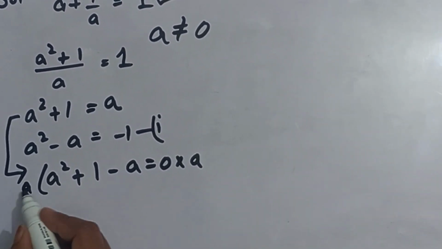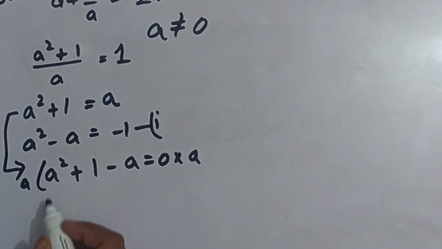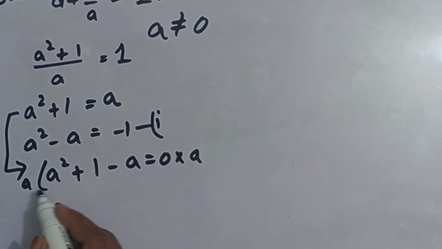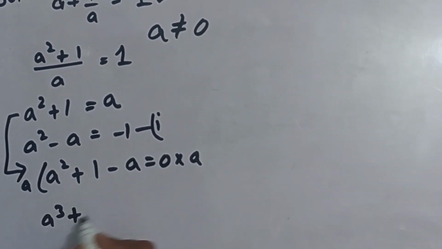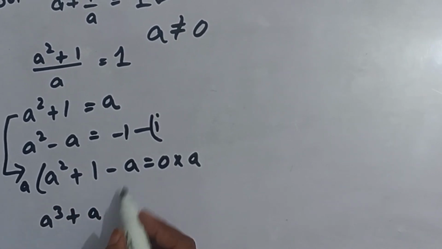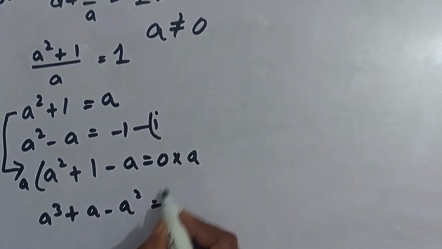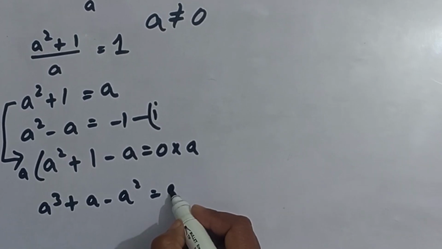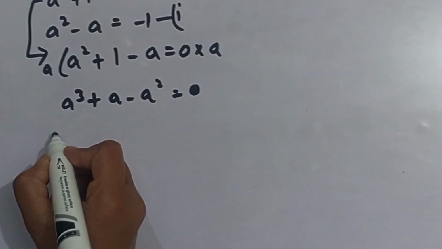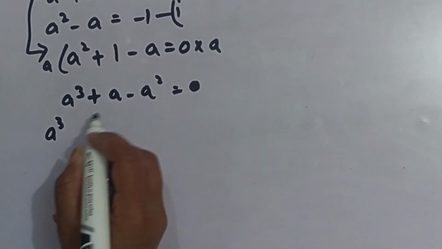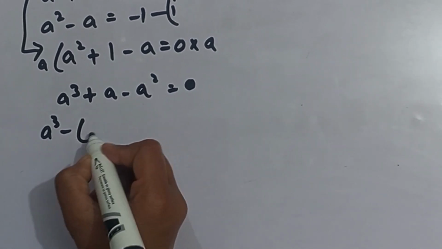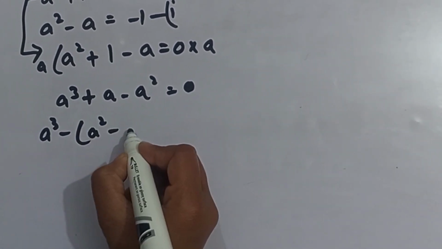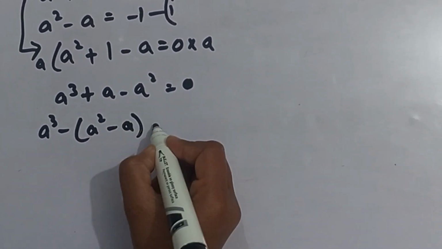When we multiply a by a square, we get a cube. Multiply a by 1, we get a. Multiply a by a, we get a square. Multiply 0 by a, we get 0. And we write this as a cube minus a square minus a is equal to 0.